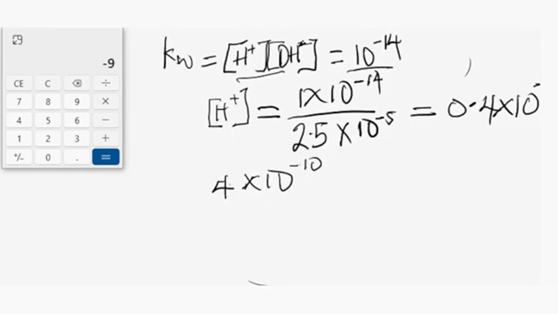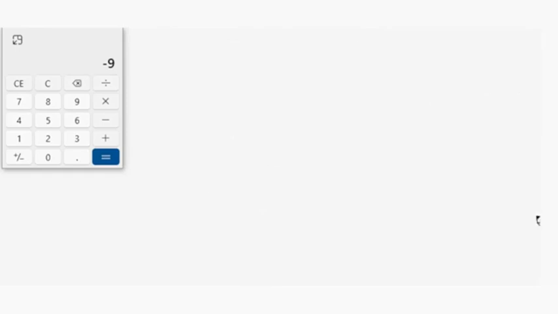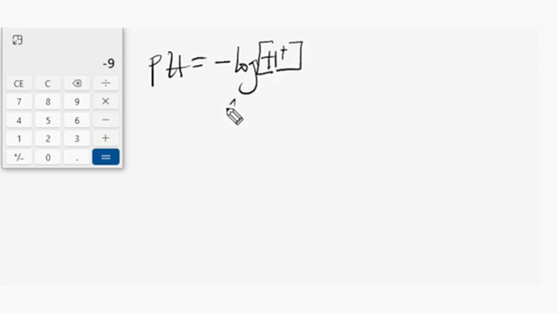Now we're going to use the hydrogen ion concentration to get the pH. Remember, we are asked to get the pH. So pH is the negative logarithm of hydrogen ion concentration. Already we have our hydrogen ion concentration to be 4 times 10 to the power of negative 10.